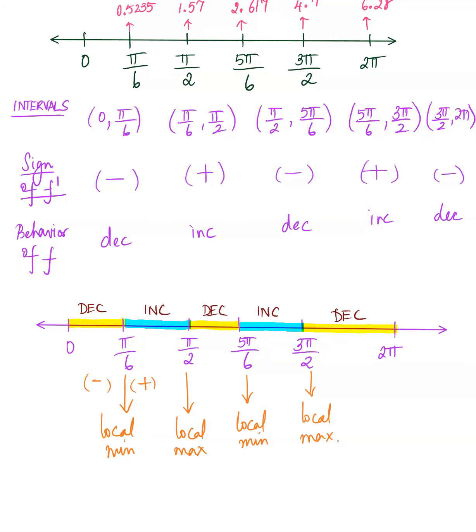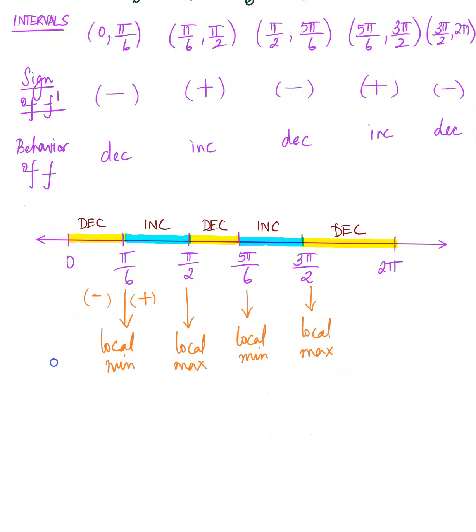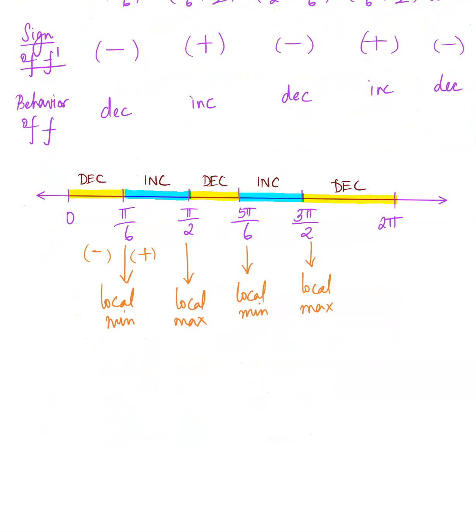And if we need to find the absolute max and absolute min from among these, you'll have to plug in the values here. So we need to find f of pi over 6, basically. And f of pi over 6, if you compute it, comes back as negative 5 over 4. I need a little more room, so what I'm going to do is stretch this a little bit.